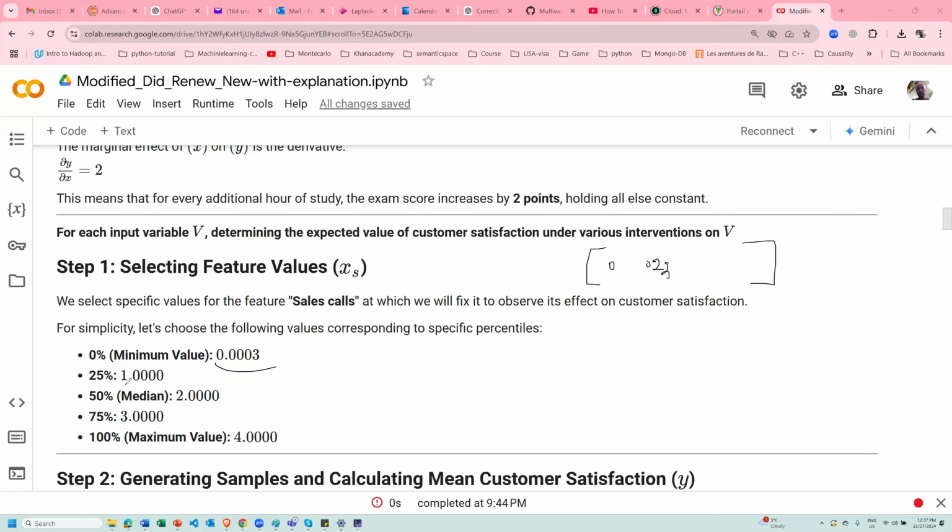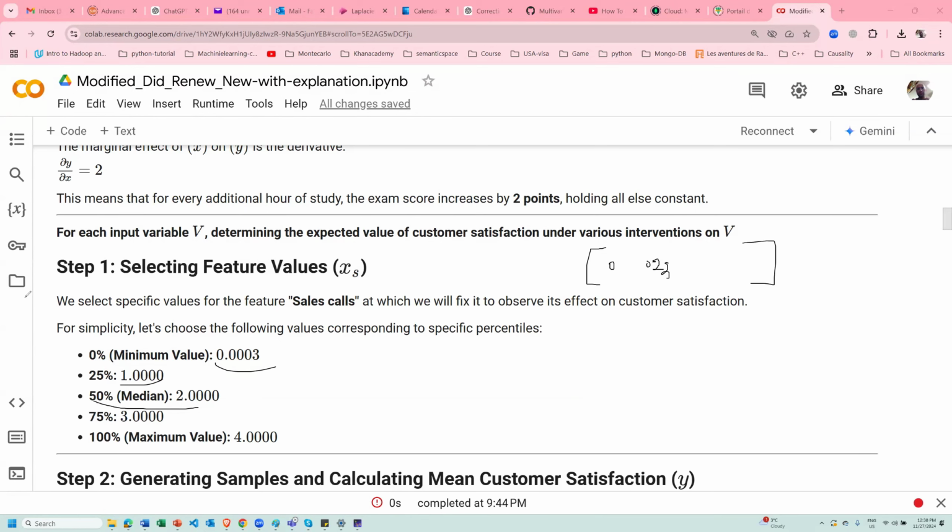Here, for example, it is 1, and then for 50%, or the median, it is 2. So basically we take one column in the marginal effect, and we try to find these percentiles: 0, 25, 50, 75, and 100%.